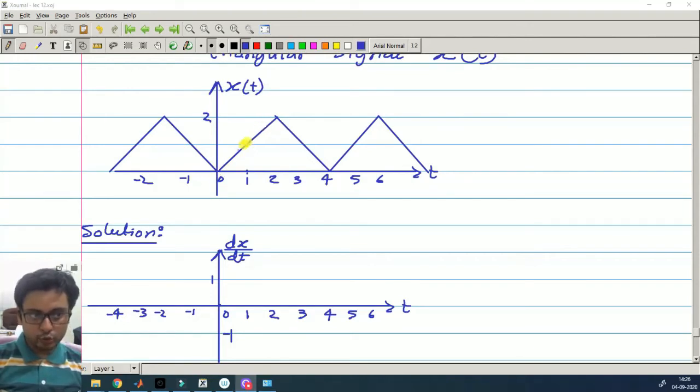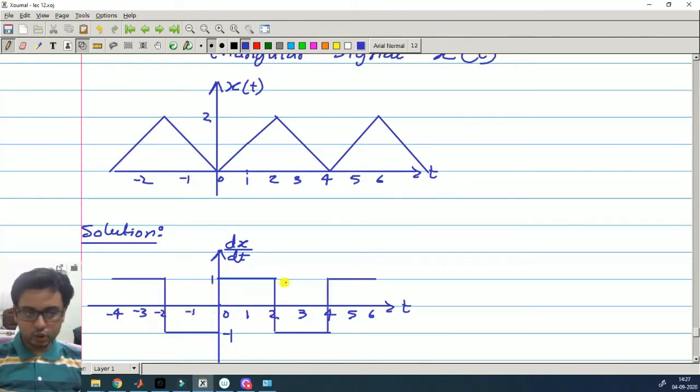Here the slope is 1, so the time derivative will be constant 1. Then here it goes down with a slope of -1. Then again +1, and again here -1, and so on.